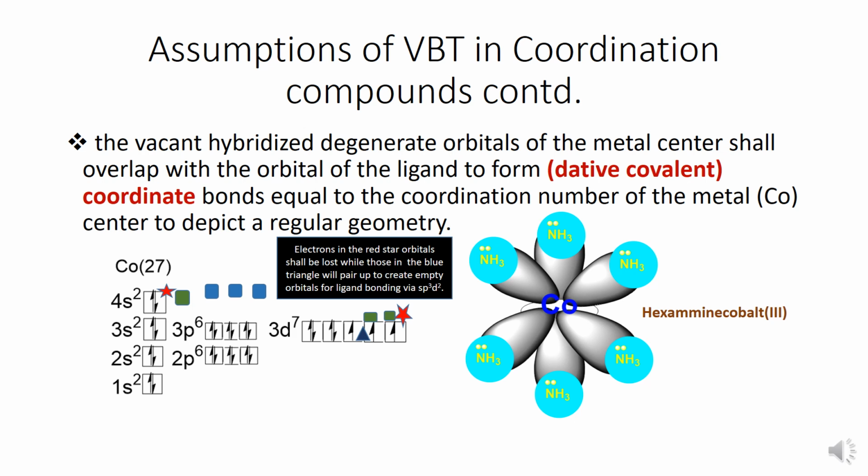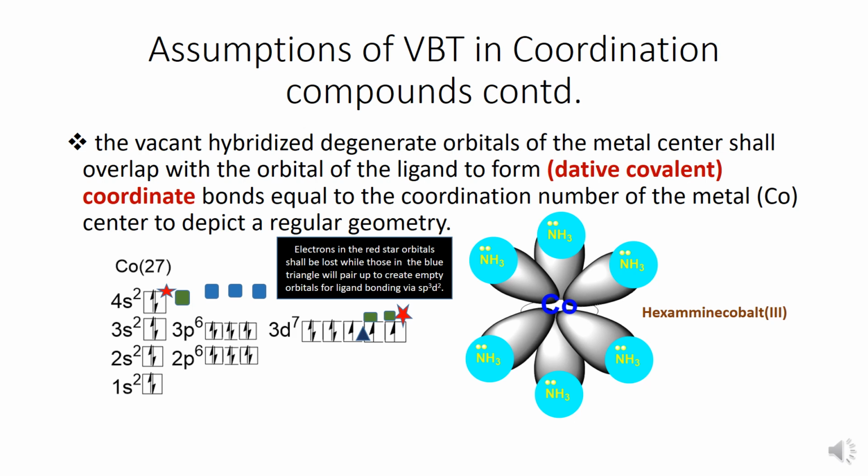So we're going to have 4s, 3d2, and 4p3. And these are where you have the six ammonia molecules bonding to form hexaamminecobalt(III) in an octahedral geometry.